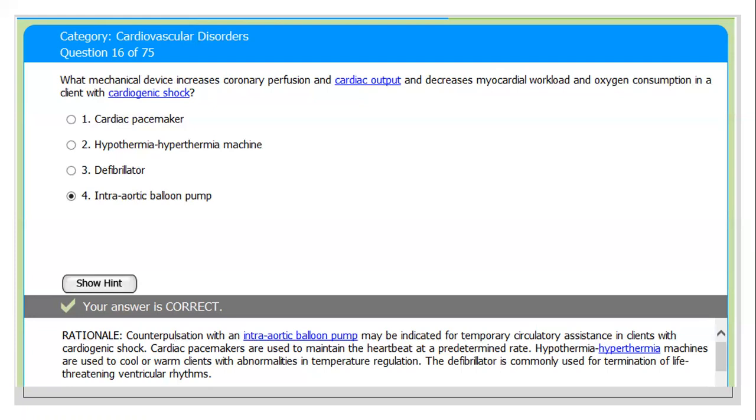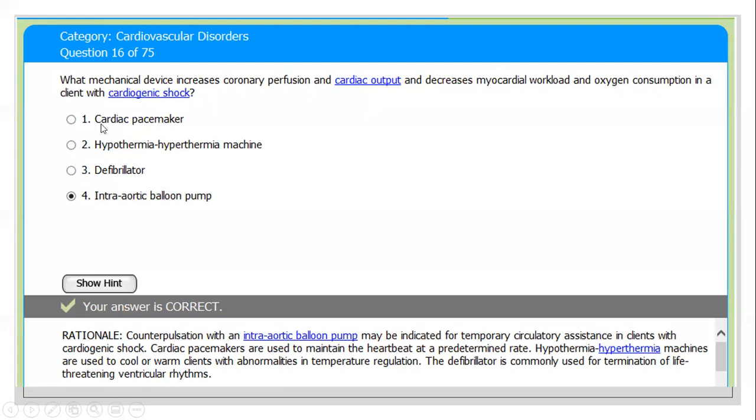So first of all, my patient with cardiogenic shock needs increased coronary perfusion and cardiac output. Cardiac output is the amount of blood pumped by the heart muscle per minute, and is the mechanism where the blood flows around the body, especially providing blood flow to the brain and other vital organs, right? And we need to decrease the myocardial workload and oxygen consumption because of cardiogenic shock.